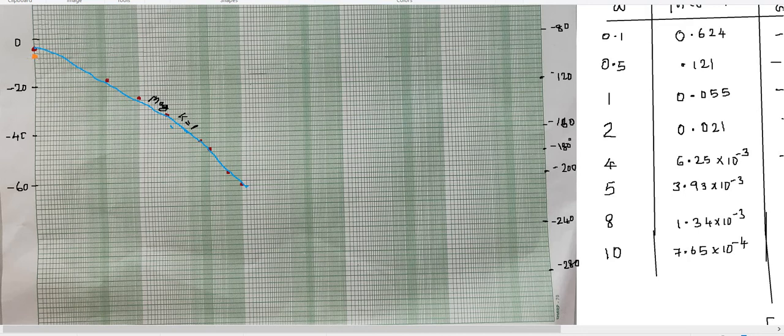At 0.5, the phase angle is minus 113. For 1, the phase angle is minus 135. For 2 radian per second, the phase angle is minus 172.